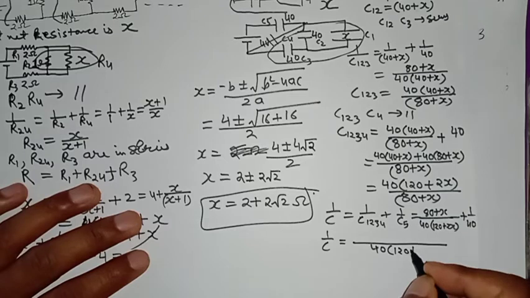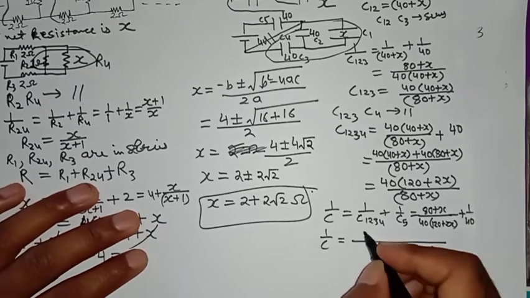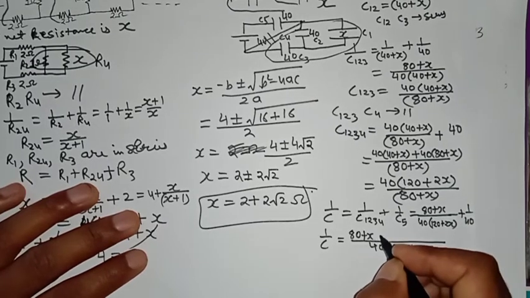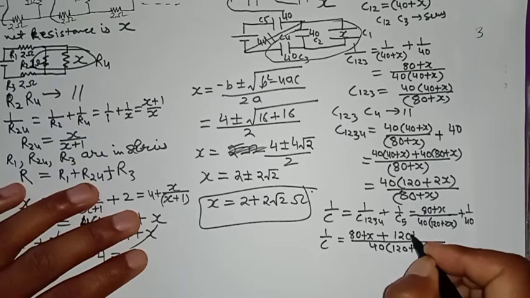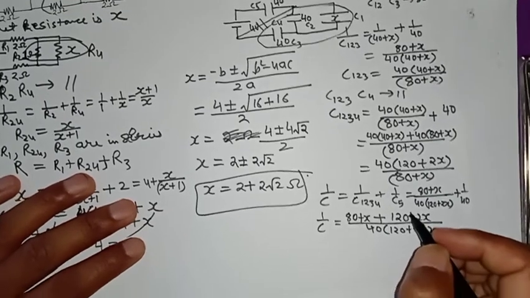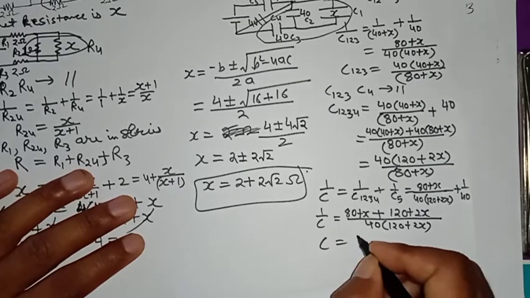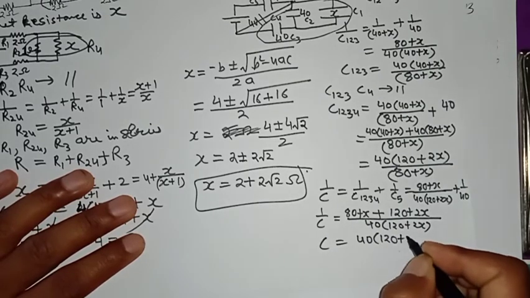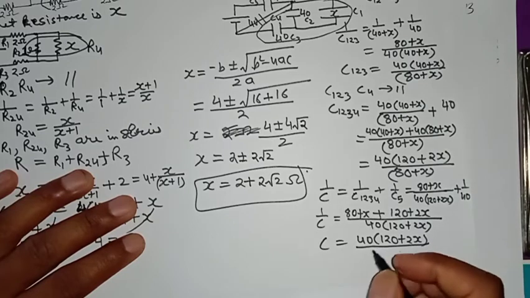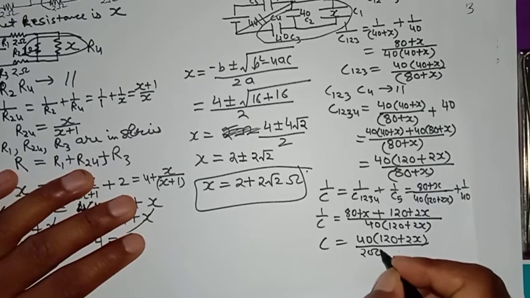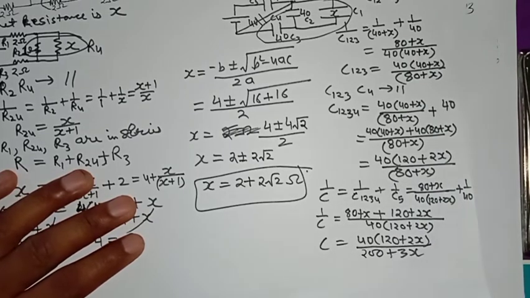40, 120 plus 2X is 80 plus X plus 120 plus 2X. That is 200 plus 3X. So C equal to 40, 120 plus 2X upon 200 plus 3X.